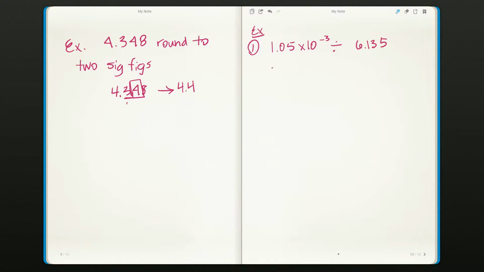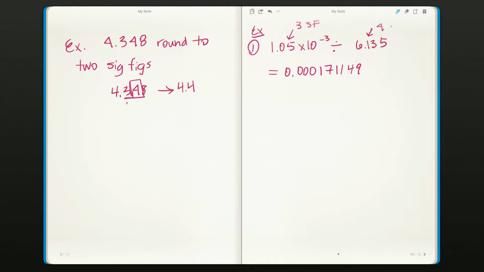Okay, now our answer, if we did this math, would be 0.000171149. Okay, so now let's look at how many sig figs each one of these numbers has. So this number, 1.05, has 3 sig figs.